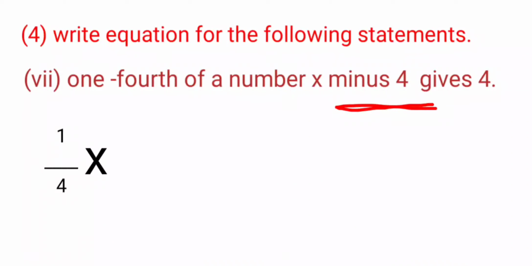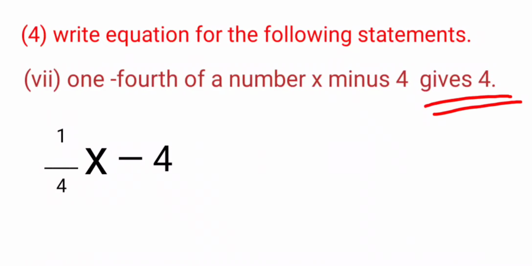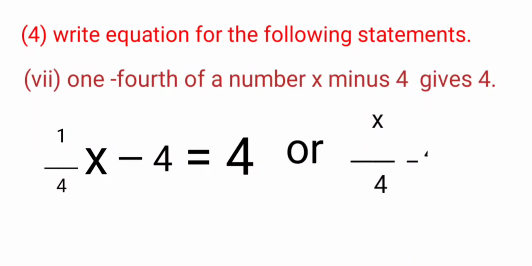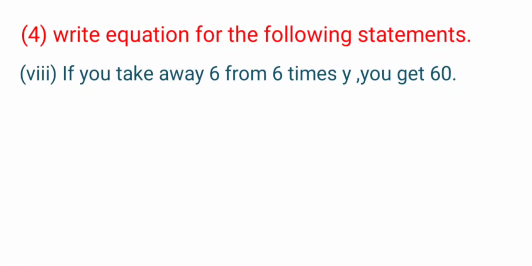Minus 4 means you can put a negative sign. 4 gives 4. We can write is equal to 4, or 1 by 4 x, that is 1 into x, x by 4 minus 4 is equal to 4.